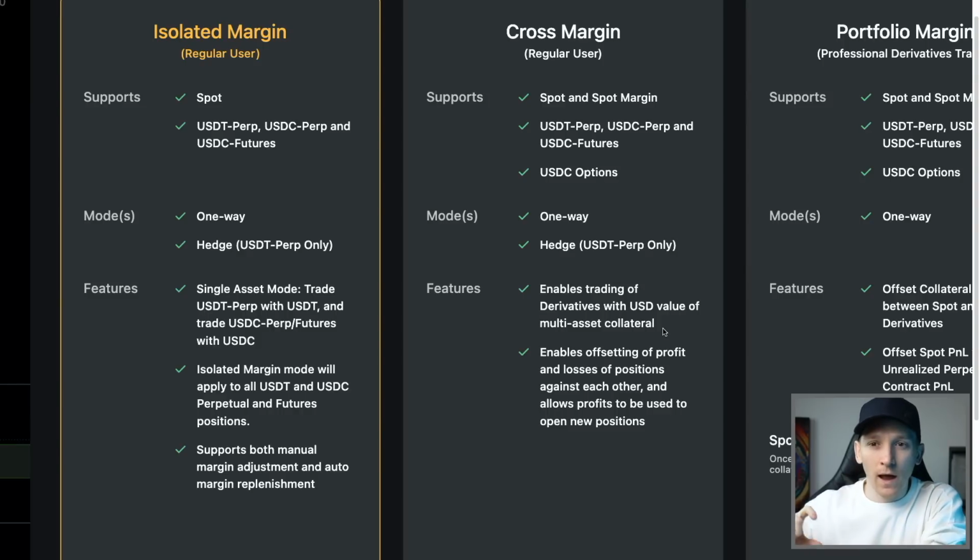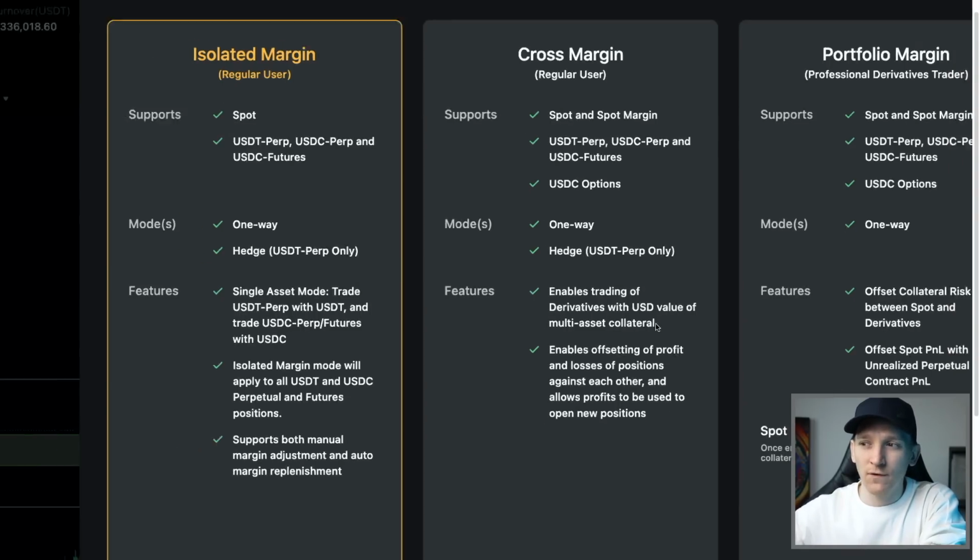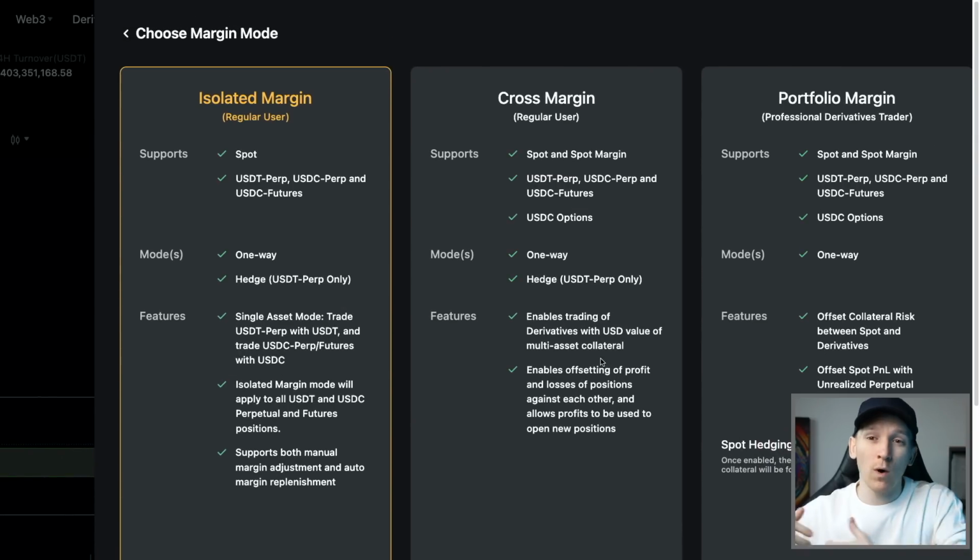And this is slightly more advanced because you can use different types of strategy where you are hedging your risk. So if you have Ethereum and you own it in your spot account, but you think the price is going to go down, well, you can use the ETH as collateral to fund a short position on ETH. And that's more of a hedged position rather than just, I'm using dollars to speculate on the price of crypto.